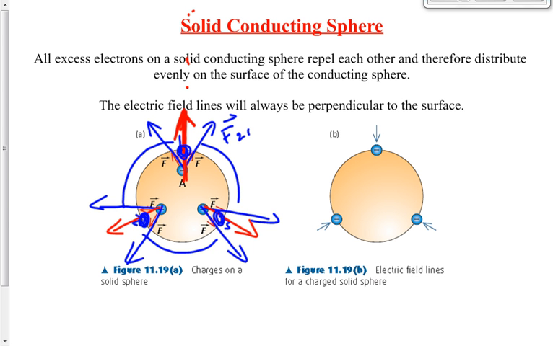And if the repulsive forces between them don't balance, it's not going to be in static equilibrium. Does that make sense? Given enough time, and it's not an instant thing, but it's also not a 5-minute thing, it happens very, very quickly, depending upon the size and so on of the object, these electrons will reach a point of static equilibrium, and they'll do that when they're on the outer surface and evenly spaced.